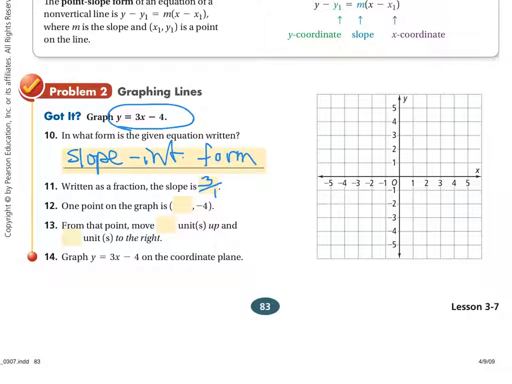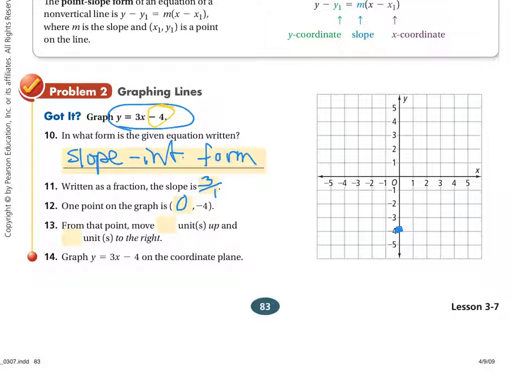So 1 point on the graph is the y-intercept. And the y-intercept is given by the b in the y equals mx plus b. So in our line here, the y-intercept is (0, -4). So we're going to start by graphing at (0, -4).